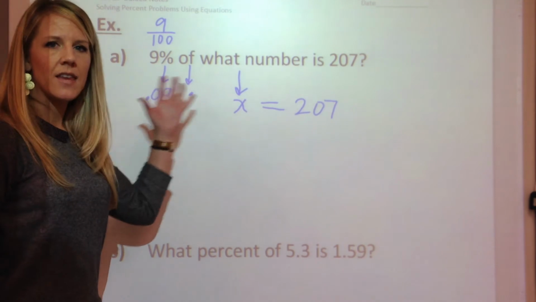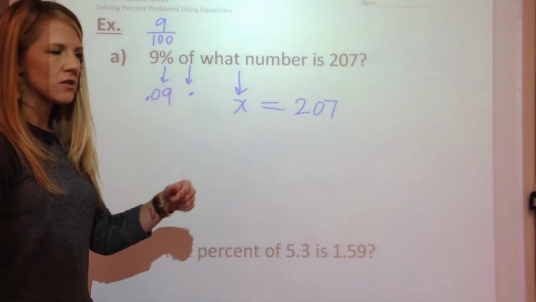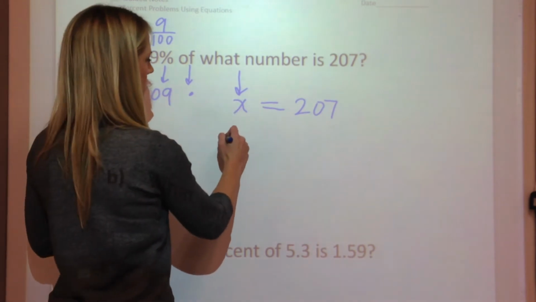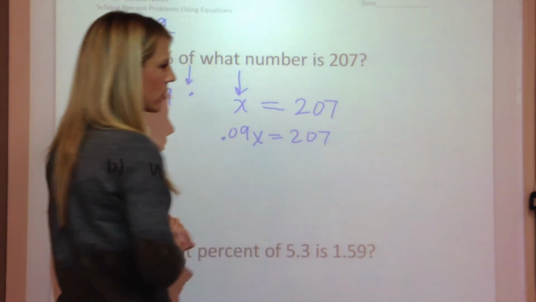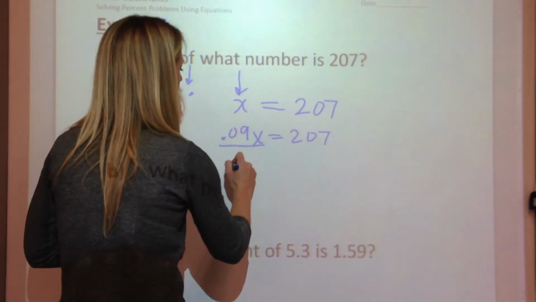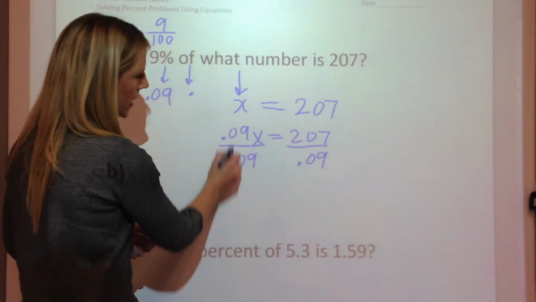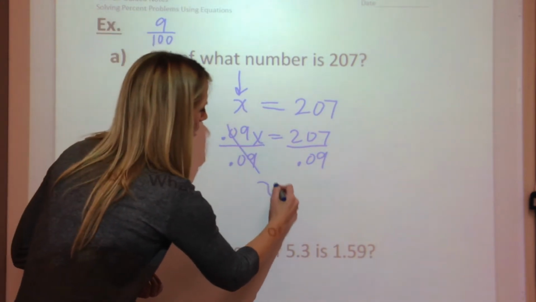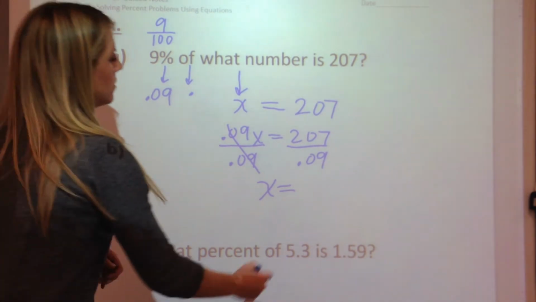So that's how we're going to take these and translate them into an equation, and now we just simplify and solve. So 0.09 times X equals 207. How do I get X by itself? I divide by 0.09. 0.09 divided by 0.09 is 1. So I get X equals, I believe, I want to say it's 2300. Yes.